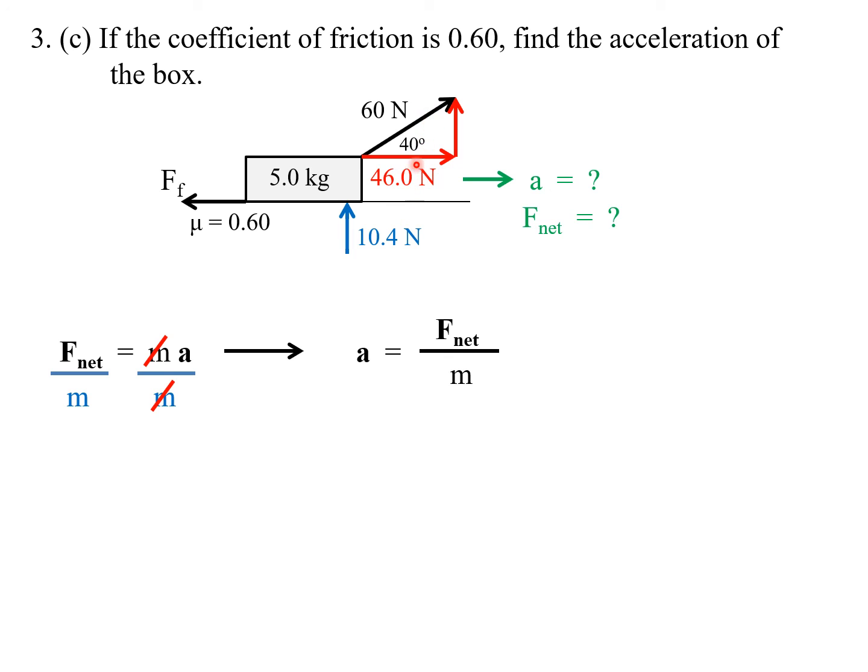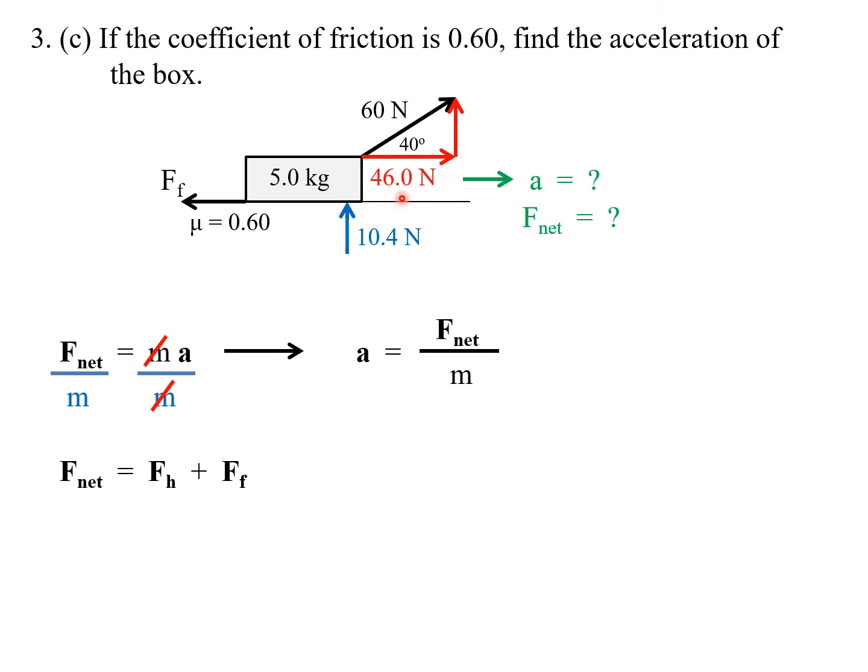In previous problems, like in the last unit, this applied force was always parallel to the surface. Not anymore. Now the applied force is at an angle. But we can use SOHCAHTOA to find the component that's parallel to the surface, the horizontal component, which we have right here.